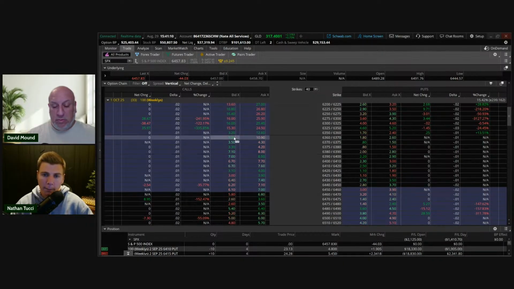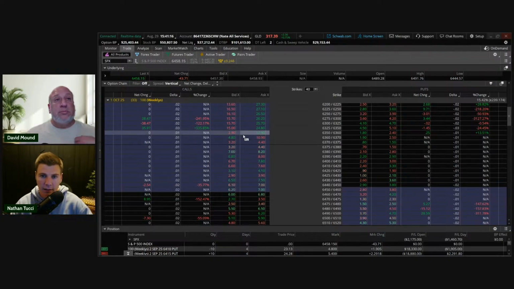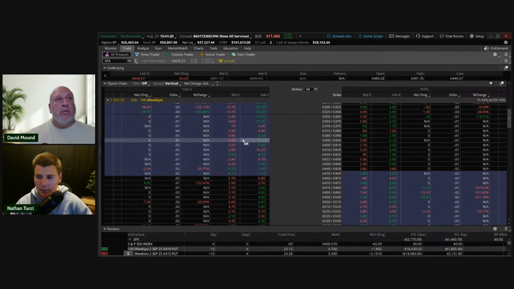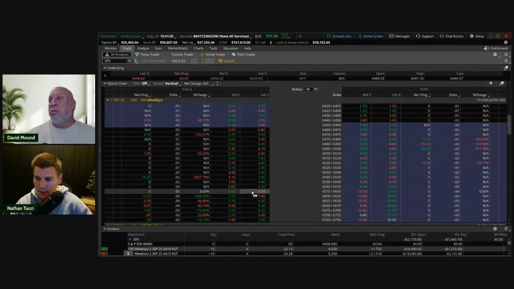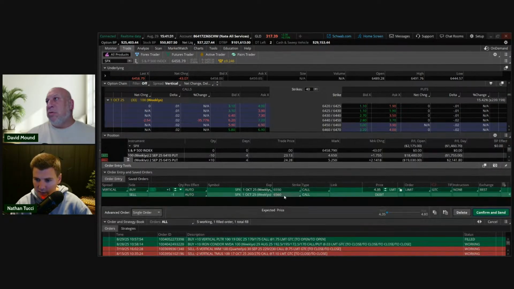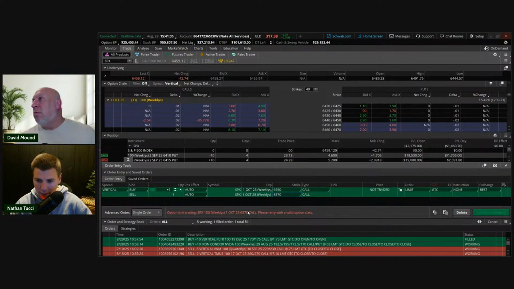So 1% to the upside would be about 65 points. So what's that? Someone help me with some math here. 65.70? About 65.70 to the upside. So, of course, for some reason, 65.70 seems to be the only strike not showing up.